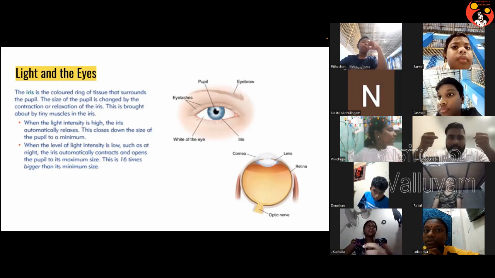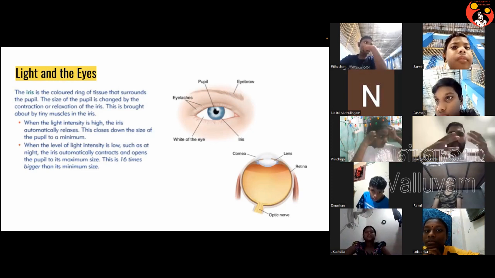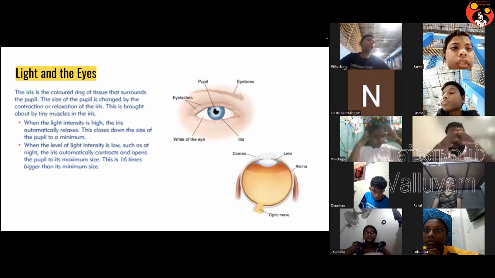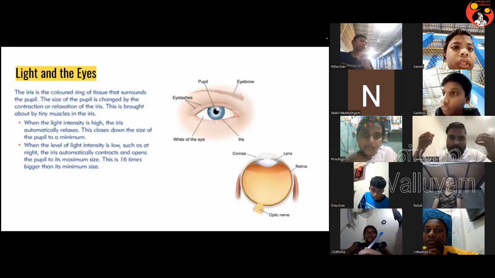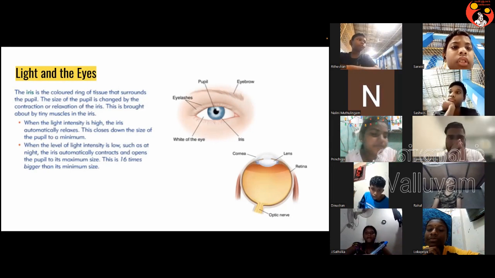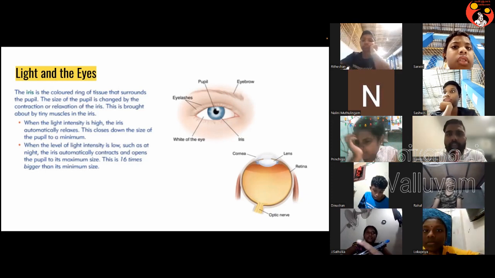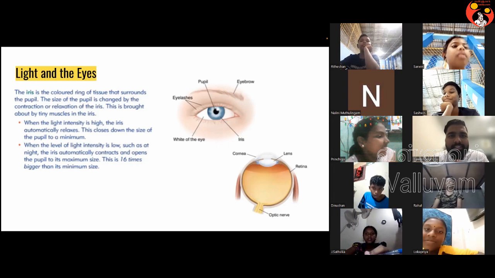So when the iris relaxes, the pupil becomes smaller, and when the iris contracts, the pupil becomes larger because the muscles are pulling away in the iris, which then makes the pupil become larger. And when the iris relaxes and the muscles let go, the pupil becomes smaller. Sorry, I've been saying it wrong. Is that all right? Does that make sense?